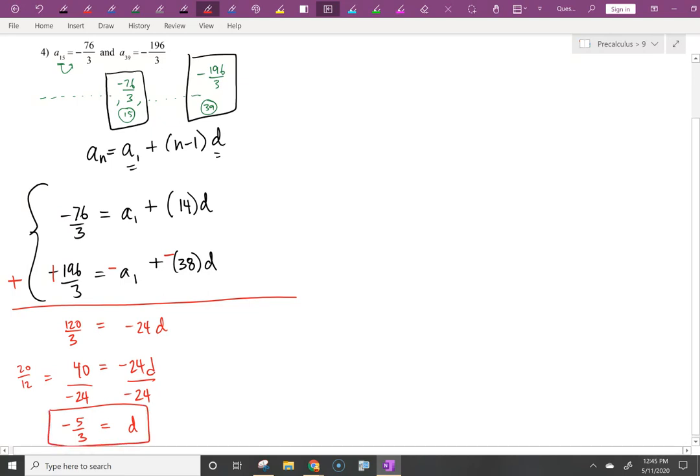So now I could make the list, or even better, I can go back to, let's say, the first one, and say negative 76 over 3 is equal to the first term plus 14 times negative 5 thirds, which probably doesn't look the best, but let's try. This will help me find A1, right?